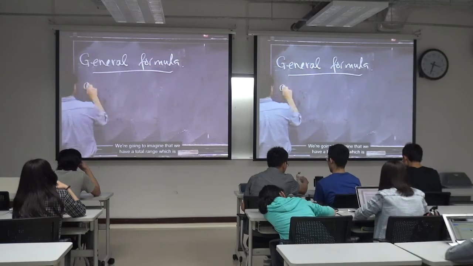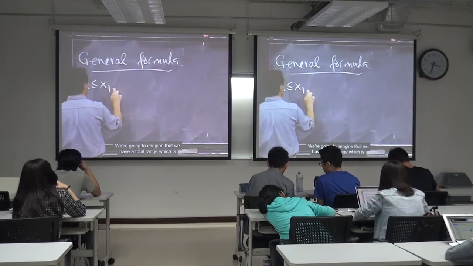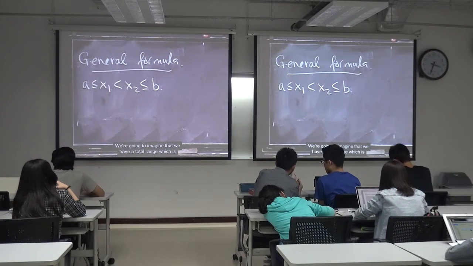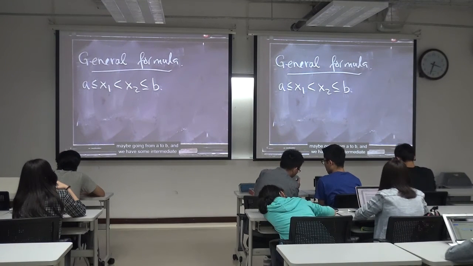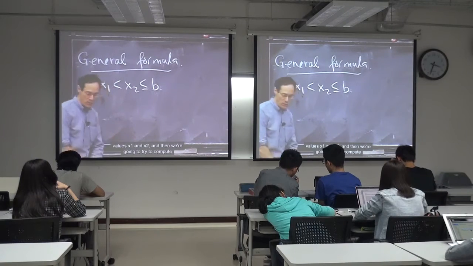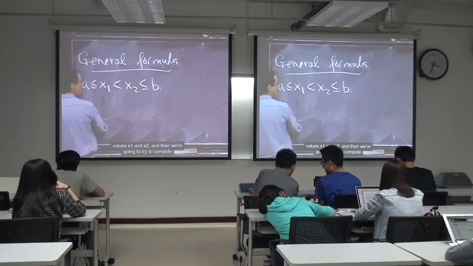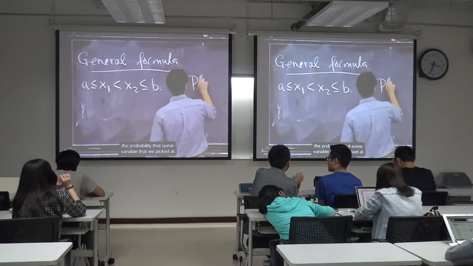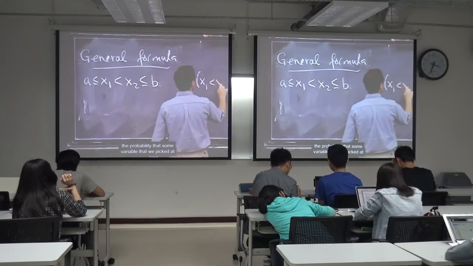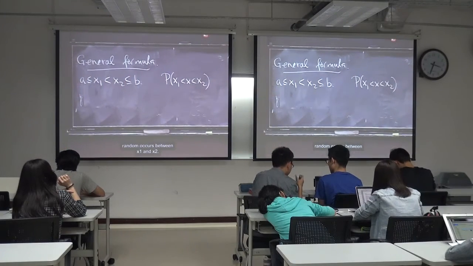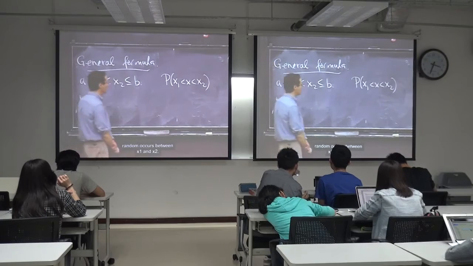We're going to imagine that we have a total range going from A to B, and we have some intermediate values, x1 and x2, and then we're going to try to compute the probability that some variable that we picked at random occurs between x1 and x2.